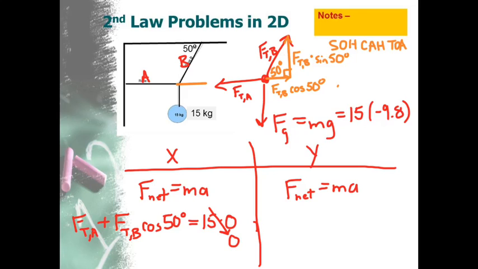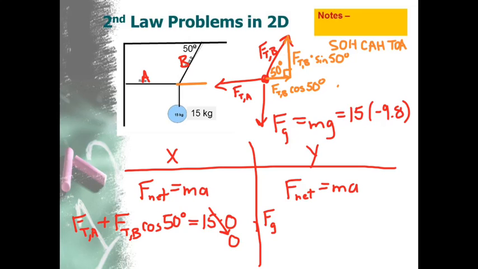Okay, so now in the y direction, I have to write down all my forces. So in the y direction, I have the force due to gravity. And let's just write that down first. We'll plug in numbers in a little bit.